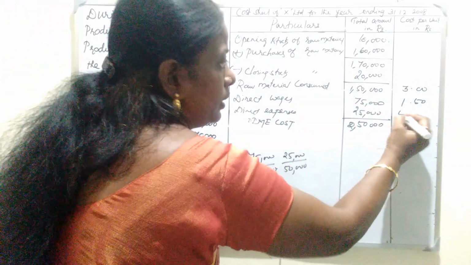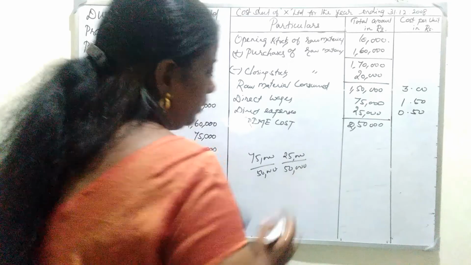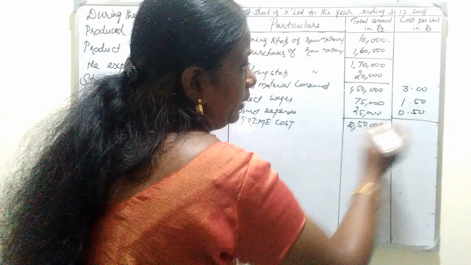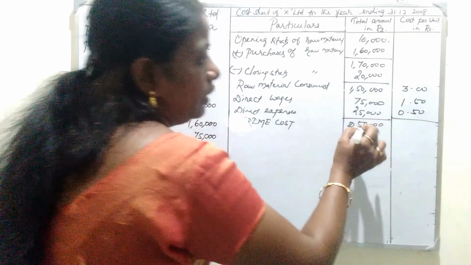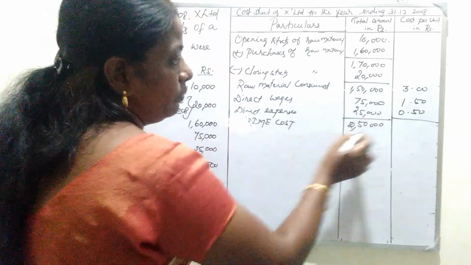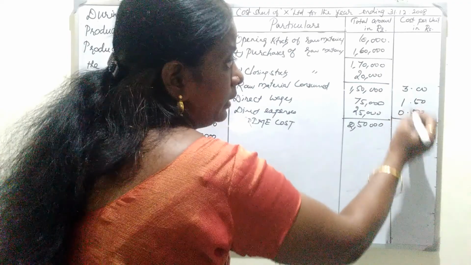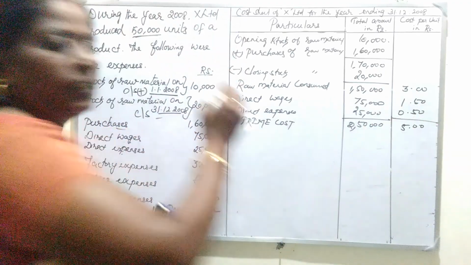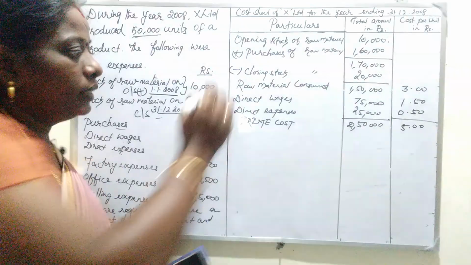So it is 0.50, 50 paise. Then we can add these, otherwise we can find from this 2,50,000. The answer will be the same, 5 rupees. 5 rupees is the prime cost.